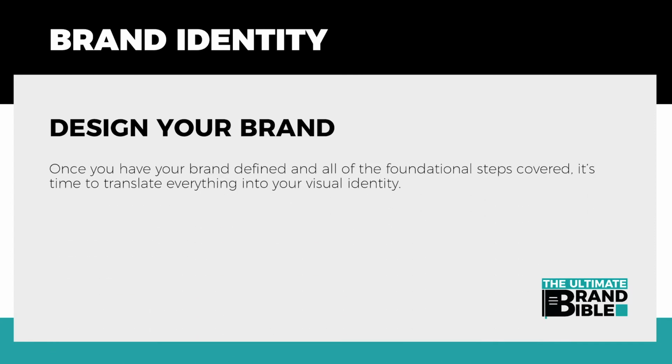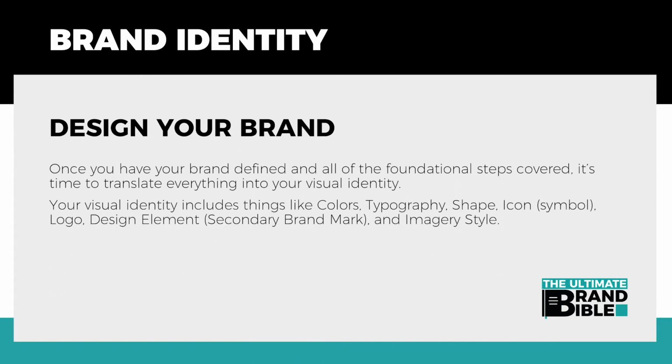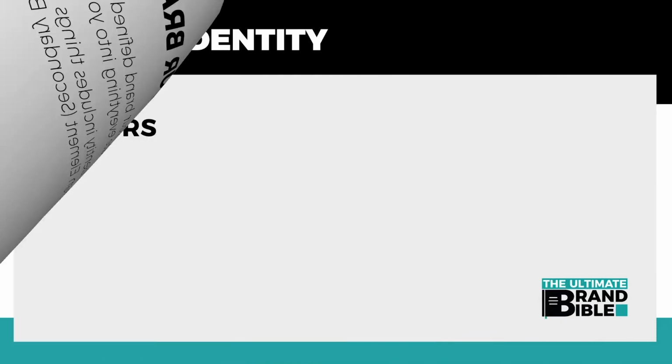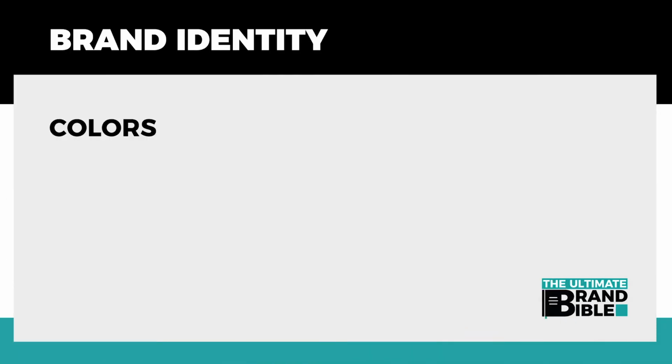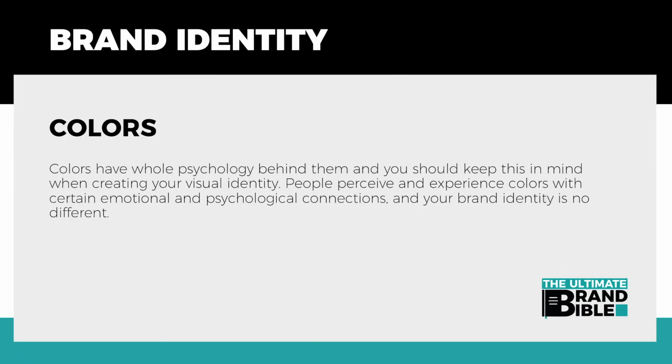Okay, so once you have your brand defined and all your foundational steps covered, it's time to translate everything into your visual identity. Your visual identity includes things like colors, typography, shape, icon, symbol, logo, design element, secondary brand mark, and imagery style. Now, let's firstly look at colors.